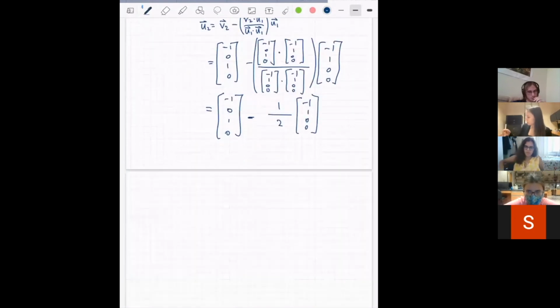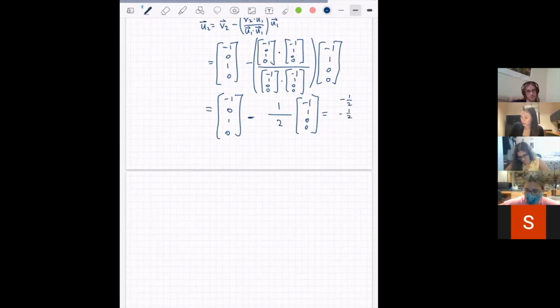So negative 1/2 plus 1/2, so minus 1/2. Then we get here just negative 1/2.